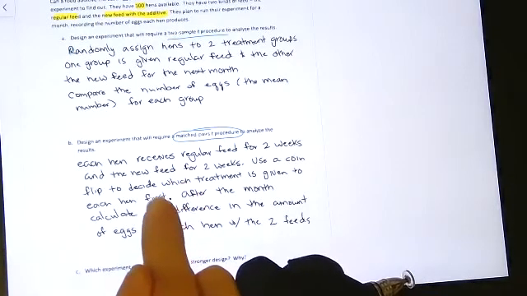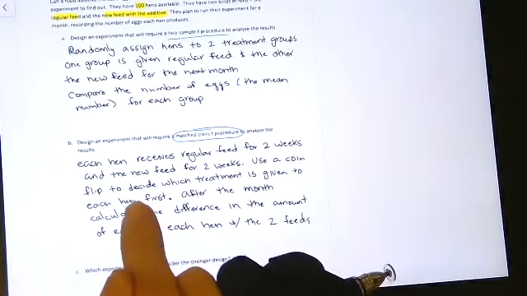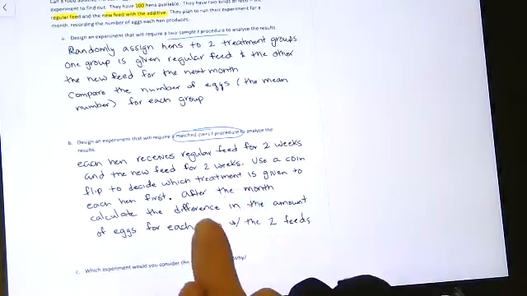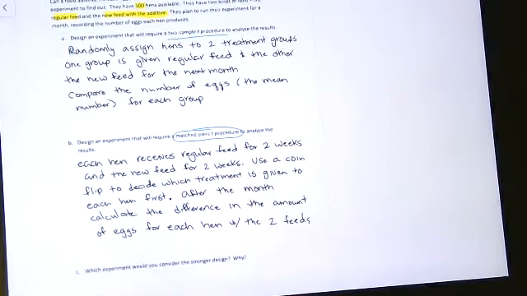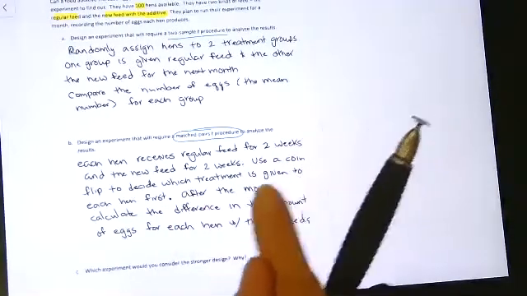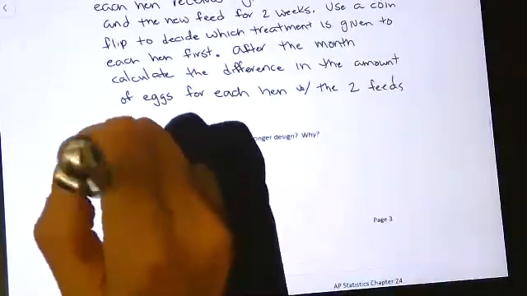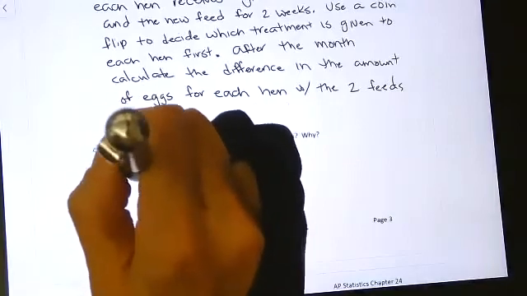Here we control for that because each hen is compared to herself. If she lays a lot of eggs and the new feed doesn't do anything, she's going to lay a lot of eggs regardless on both feeds. If the new feed really is significantly better, then we would on average expect that each hen is going to lay more on the new feed compared to the old one. Okay, so which one is better? Matched pairs.